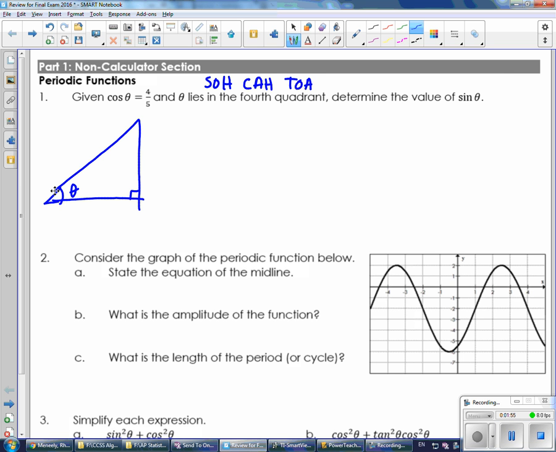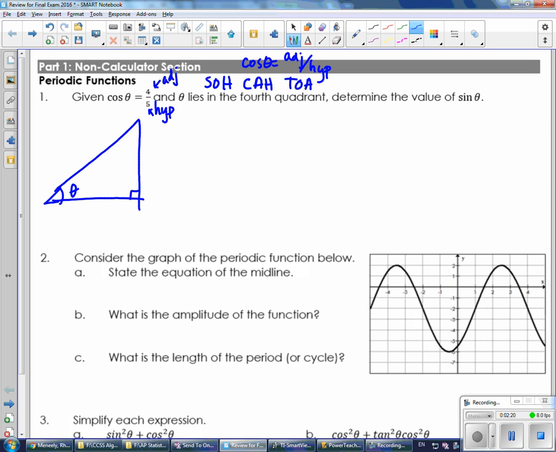The SOH is your sine is equal to the opposite over the hypotenuse. The second part of that is that the cosine of theta is equal to the adjacent over the hypotenuse. And I have a fraction that is equivalent to the cosine of theta. So that means that my adjacent side I can identify as 4, and my hypotenuse I can identify as 5.